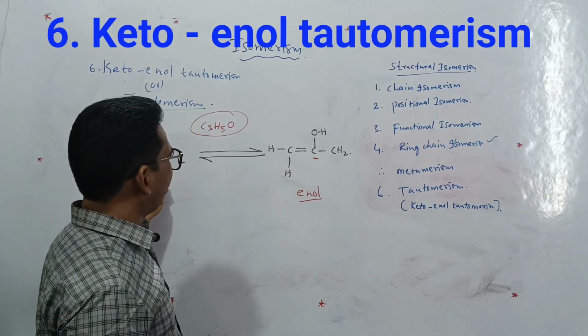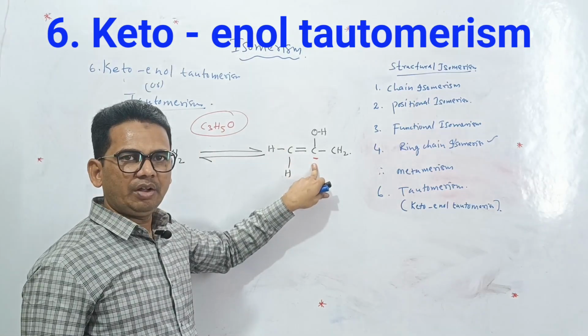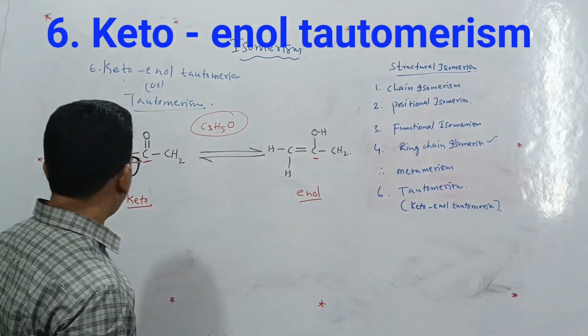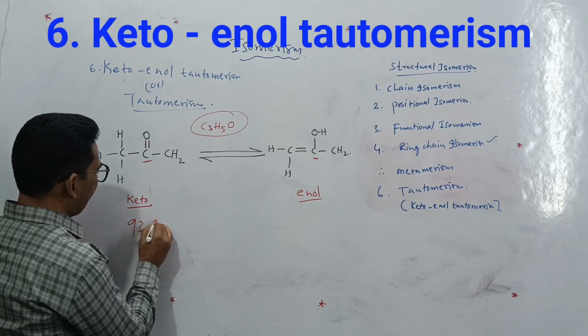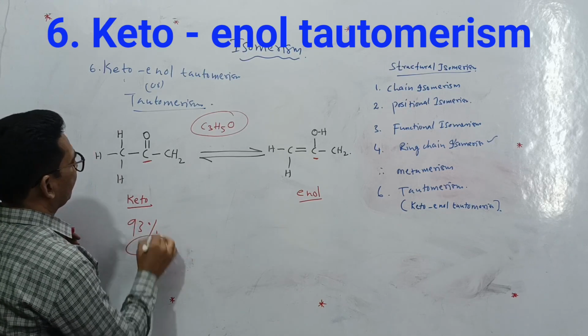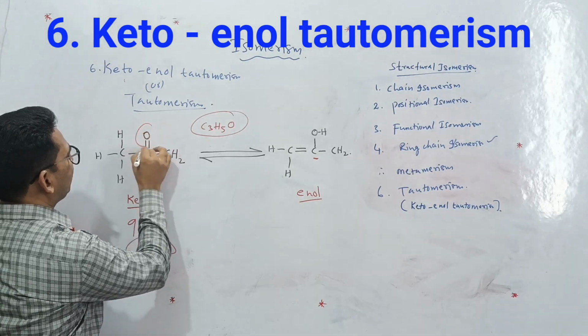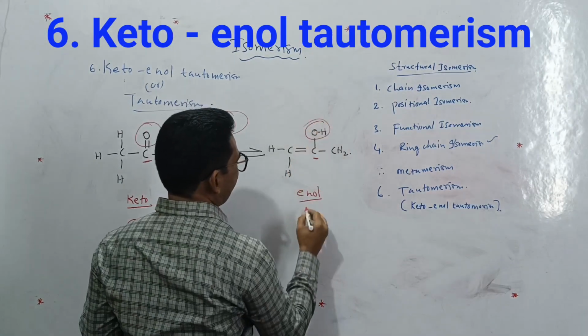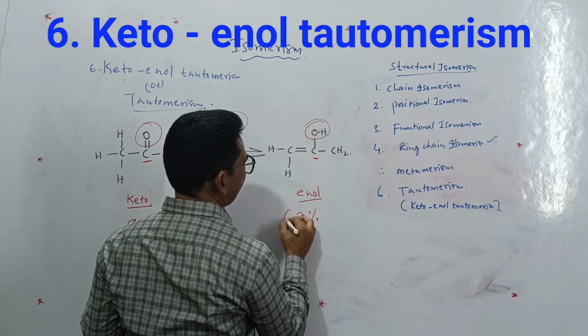Means the enol form will be converted to the keto form, but the keto form is 93% stable due to this ketonic group. Remember this. Due to this hydroxy group, it is stable only 7%.